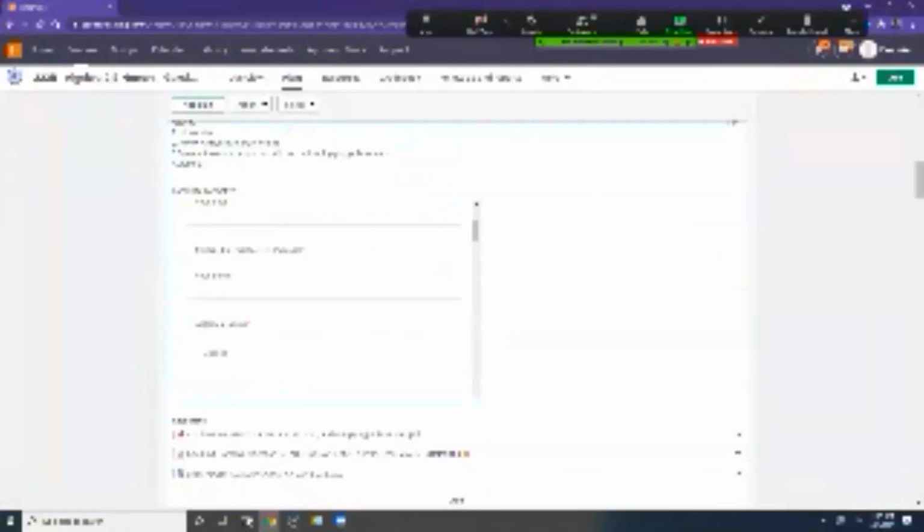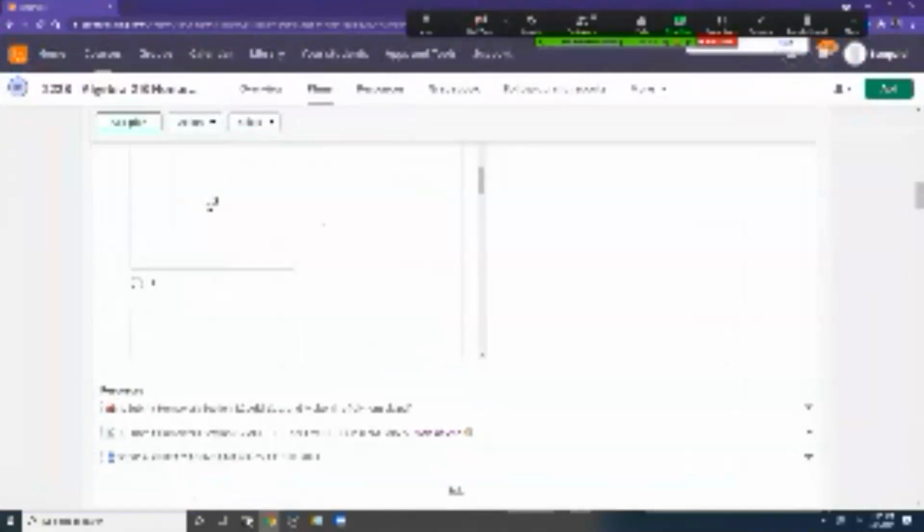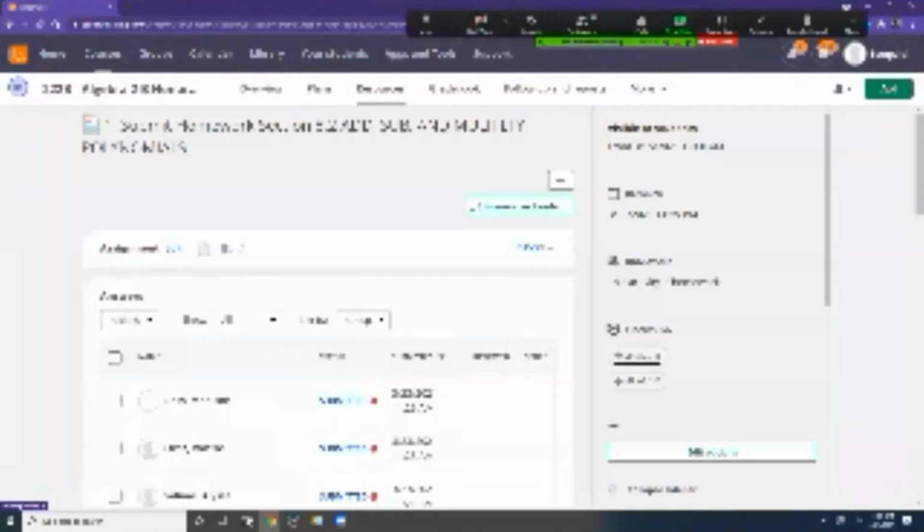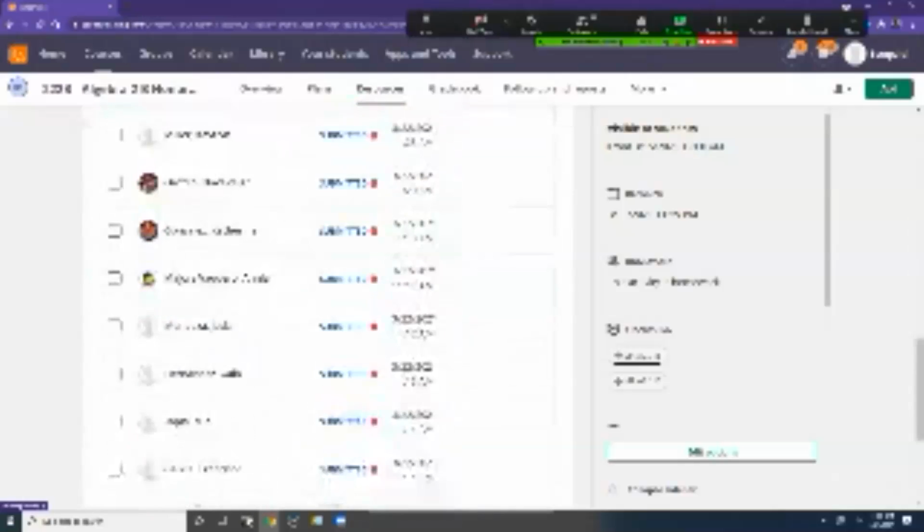Make sure you do the formative. And it's right here. It says submit homework, section 8.2, add, subtract, and multiply polynomials. Click on this. And this is where you submit.